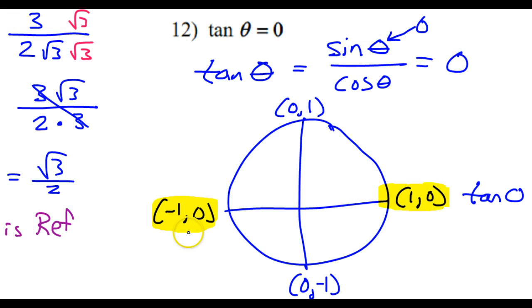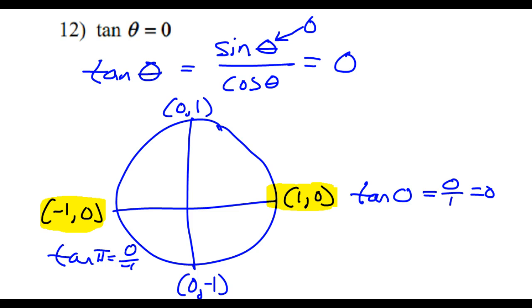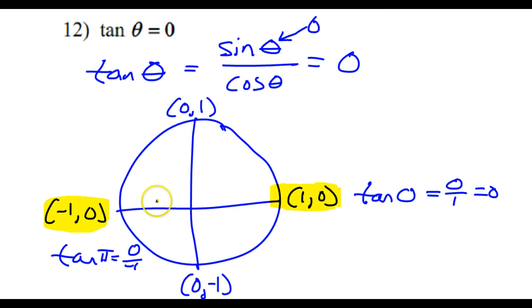This one over here, the tangent would be 0 over -1, which is also 0. So over here, this is tangent of pi. So we've got 0, or 2 pi, and we've got pi. These are the 2 angles that would give us a tangent of 0.